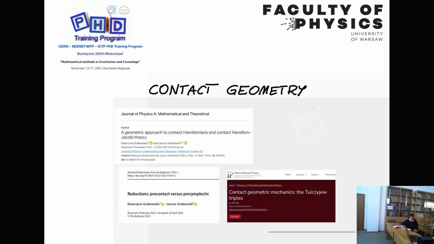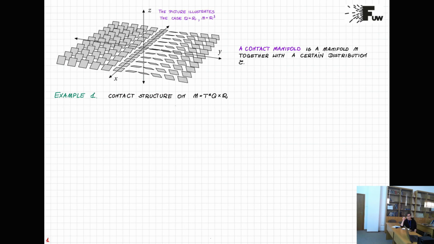The topic of my lecture is contact geometry. Contact geometry is a part of very classical differential geometry, which means that we will be studying geometrical structure. Geometrical structure usually consists of a manifold together with some additional structure, which is usually a vector field or another kind of tensor.